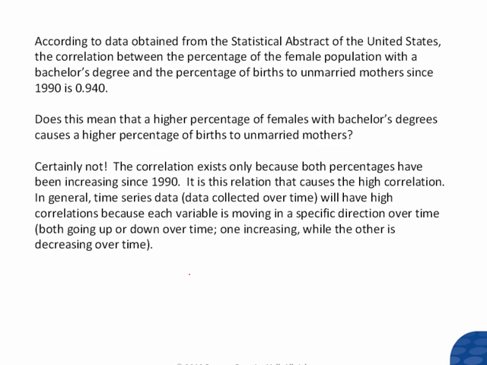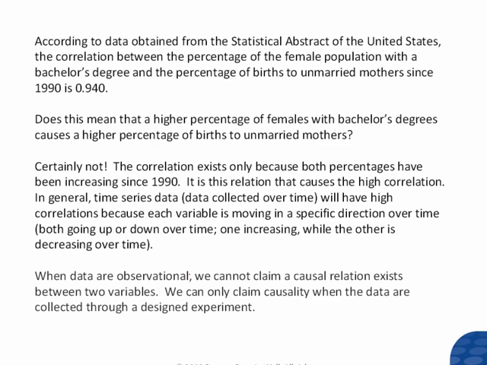Since 1990, consistently a higher percentage of the female population was getting a bachelor's degree. It also happened that the percentage of births to unmarried mothers has been on the rise. It has nothing to do with the fact that the two variables are related. They just happen to both be moving in the same direction over that particular time frame.